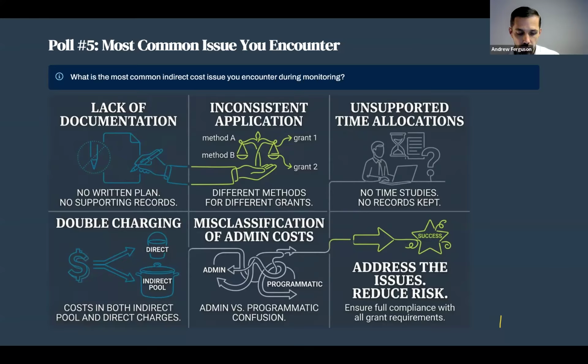I remember I sat down and was meeting with someone else on the job and the client. She was very proud of her cost allocation plan. We read through it and had a bunch of questions. There were multiple cost pools, and it just went on and on. She sat down with us and said, so this cost allocation plan is a multi-step approach.